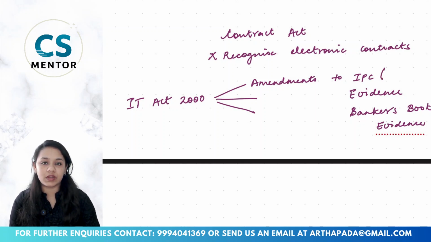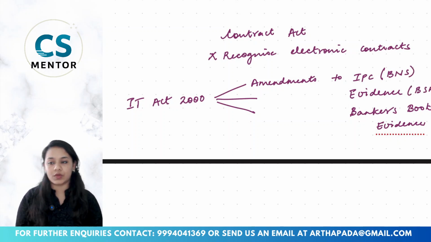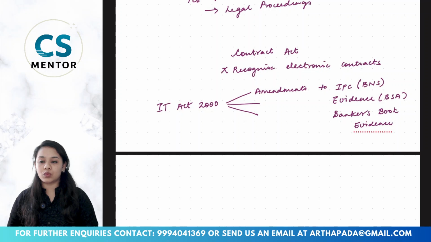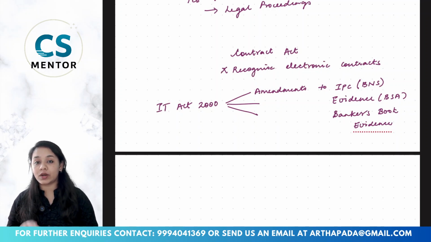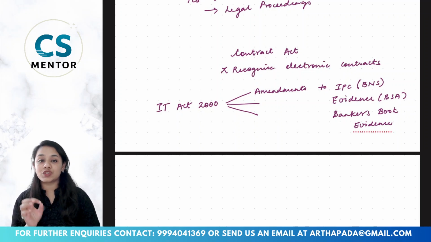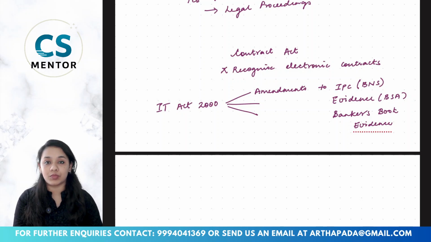Obviously, we don't have the IPC anymore, it is the BNS now, and the evidence law is the BSA. So what exactly happened over here is that the IT Act went ahead to amend the Indian Penal Code so as to include offenses committed against a computer.